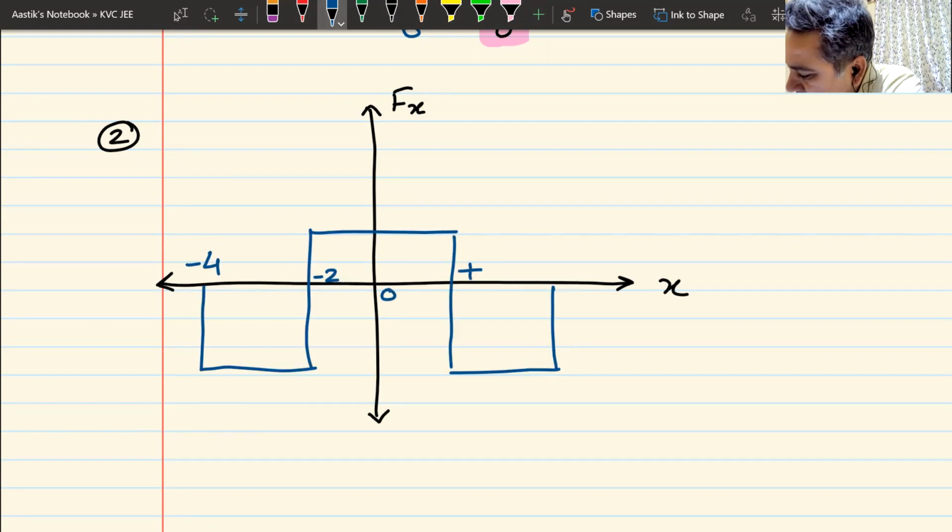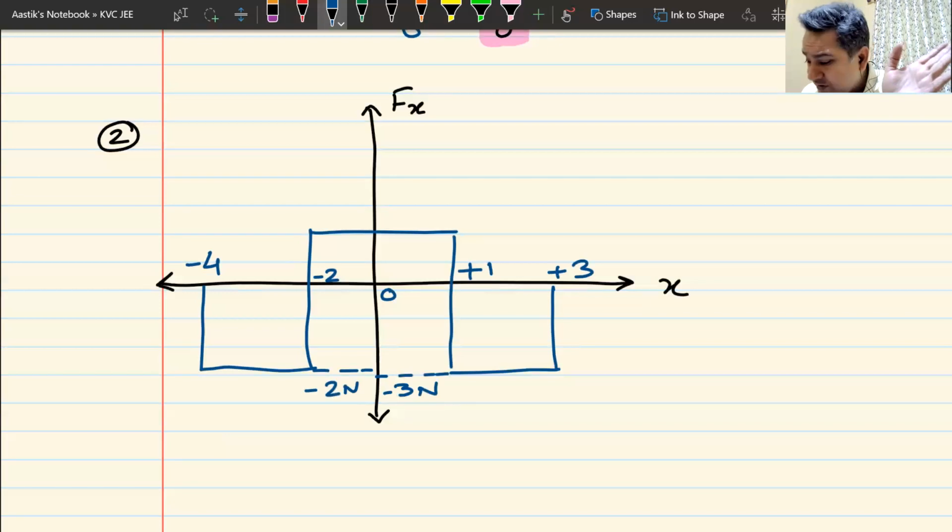This is +1. This is +3. This is -2 Newton. This one is -3 Newton. Left hand side is -2, right hand side is -3. You will say, sir, both are looking same. Okay. And this one is 1 Newton.